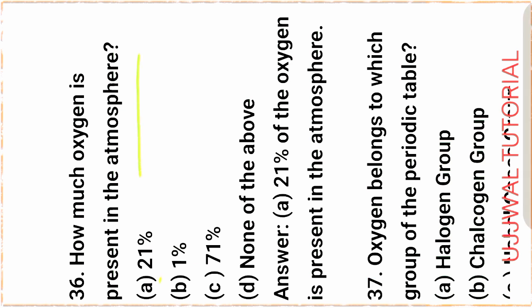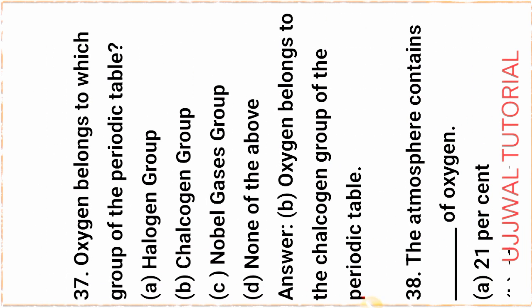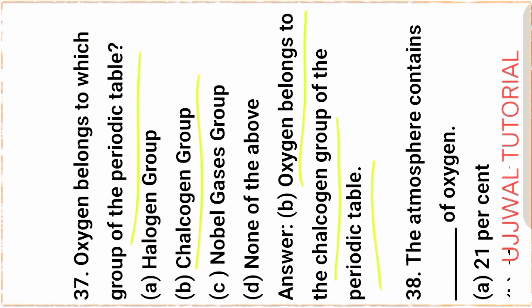Option A, 21%. Next question, number 37. Oxygen belongs to which group of the periodic table? Option B, the chalcogen family, also called the oxygen family. Oxygen belongs to the chalcogen group of the periodic table.